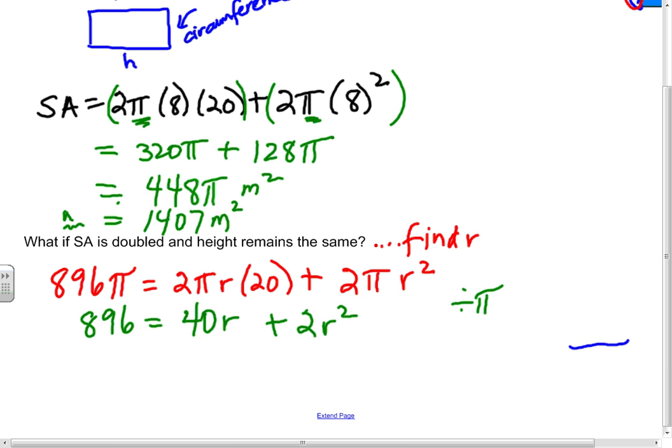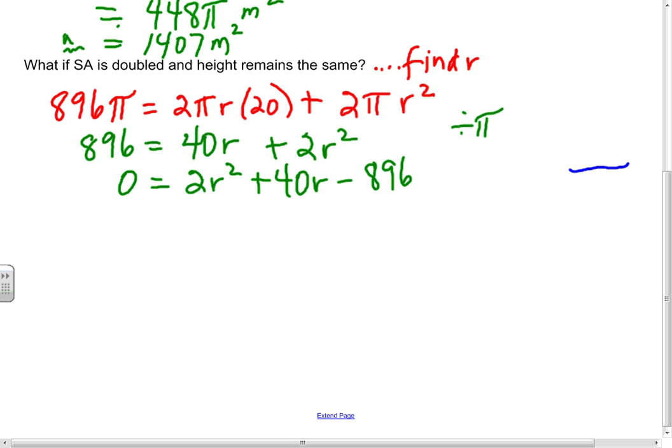Well, the first thing we're going to do is subtract 896 from both sides, and I'm going to change the order so it's in the order that we're used to. If I want to solve for r, the first thing that I would do would be to factor that thing. 2 times r squared plus 20r minus 448. If you could factor further, you would see your two values for r.